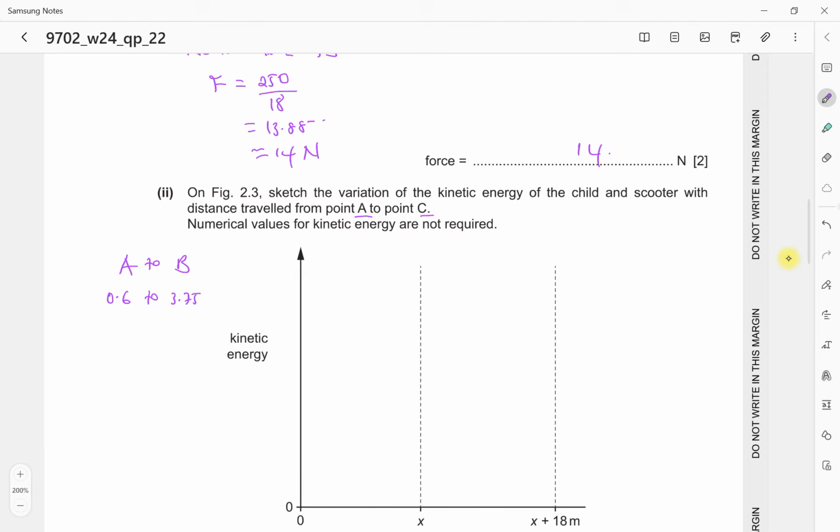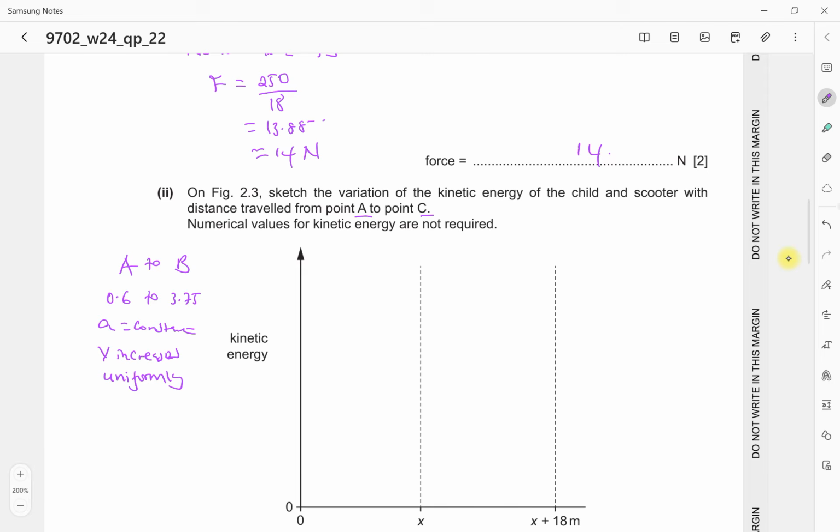So the kinetic energy increased. Because the acceleration is constant from A to B, V increases uniformly. If V increases uniformly, then the kinetic energy is also going to increase uniformly.